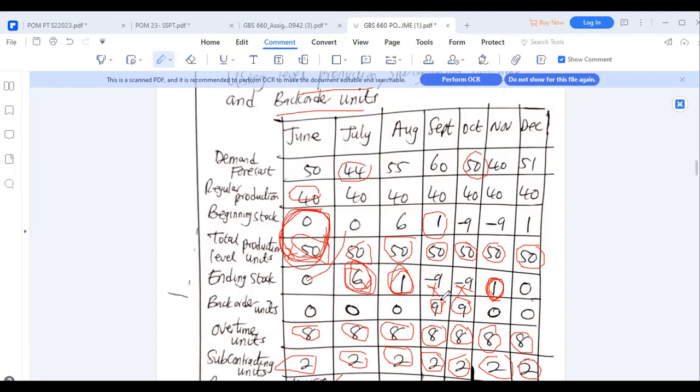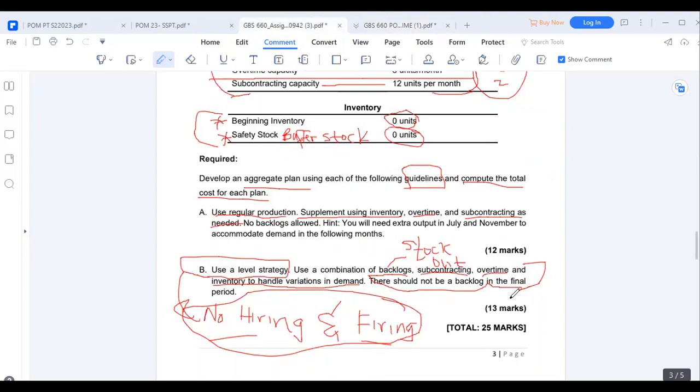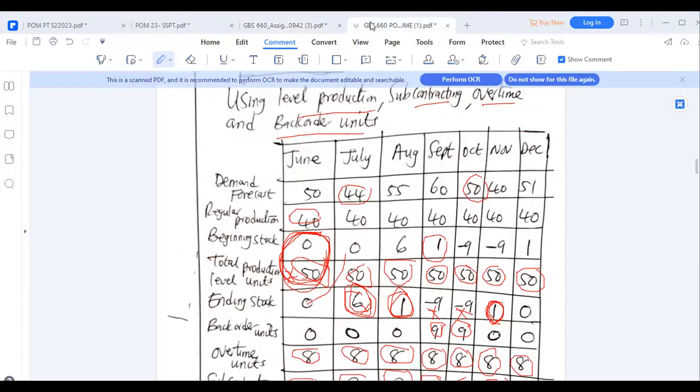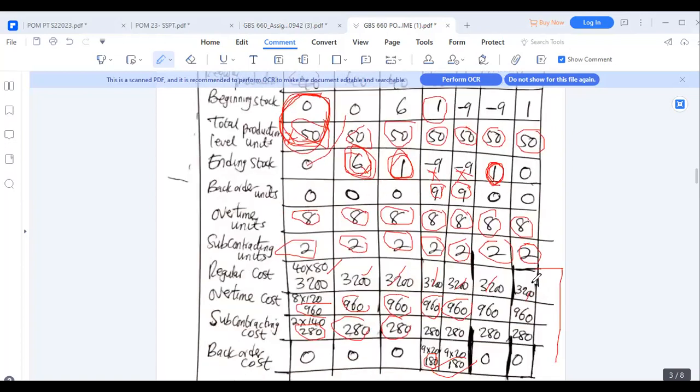The ending stock was actually negative, which is the backlog. And then the examiner mentioned that there should not be any backlog, any stock out units in the final period. So it will be a zero stock out in the final period. So this is why the backlog units were zero in the final period, in December, that is.